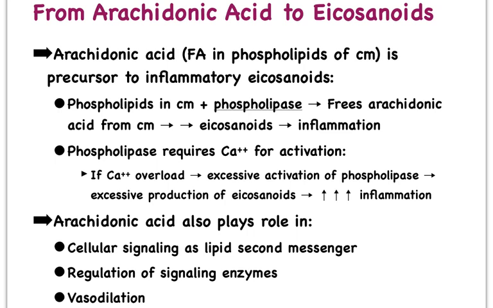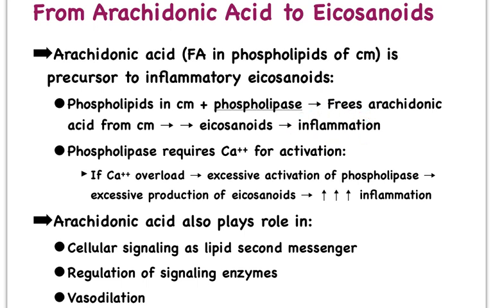You also know from the slides on cell injury that cells can go into calcium overload. Now you can put two and two together. If there is way too much calcium, all of these phospholipids are going to be broken down to give up their arachidonic acid so that it can be converted into eicosanoids. And what does that result in?